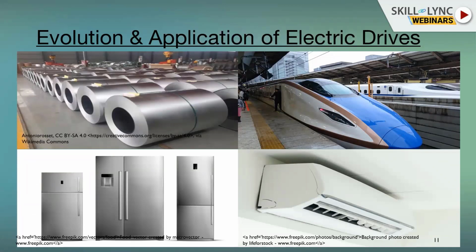So if you look at the application, it is so vast that it touches some aspect of our lives daily. So that is the extent to which electric drives have pervaded our daily life.